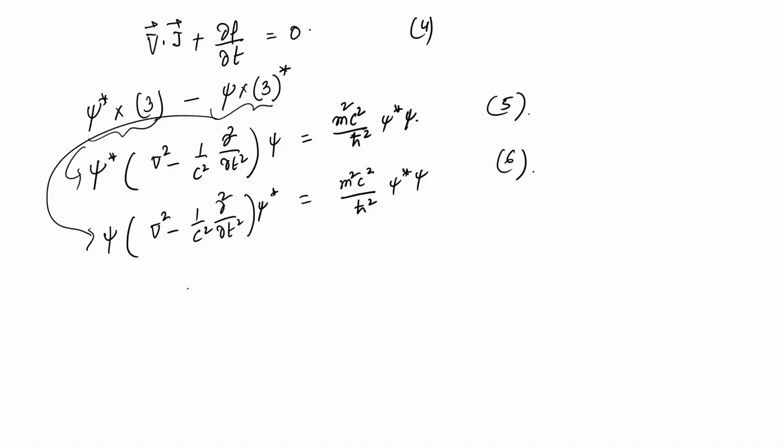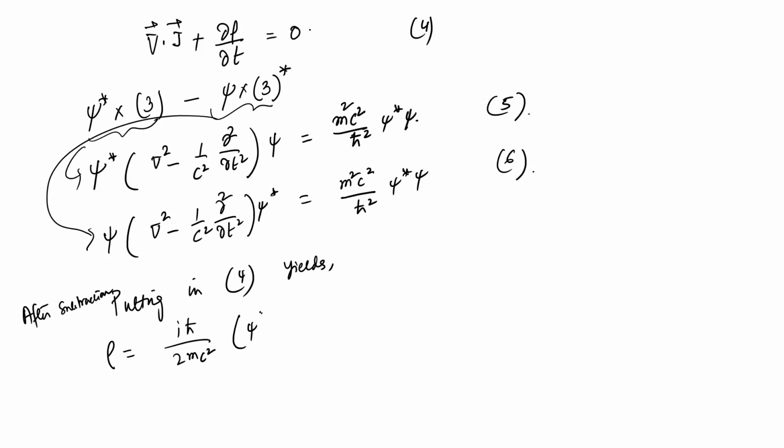So, after subtraction, putting in 4 yields the continuity equation with rho given by i h cross by 2 m c squared times psi star del psi del t minus psi del psi star del t.